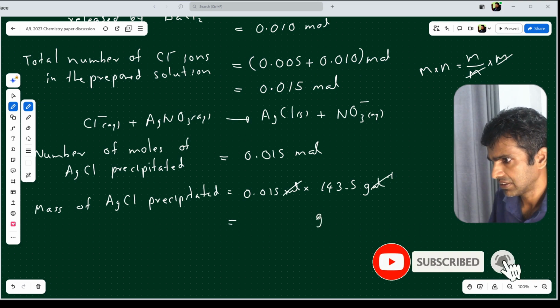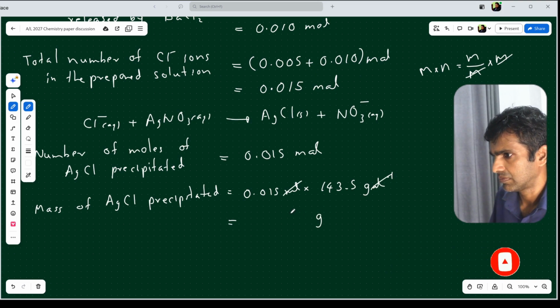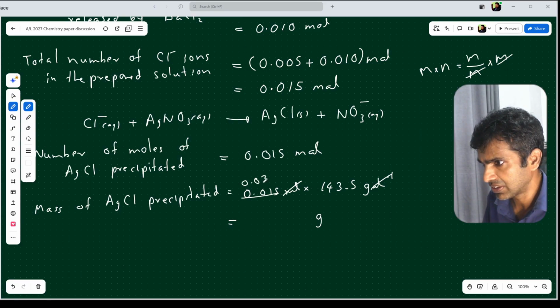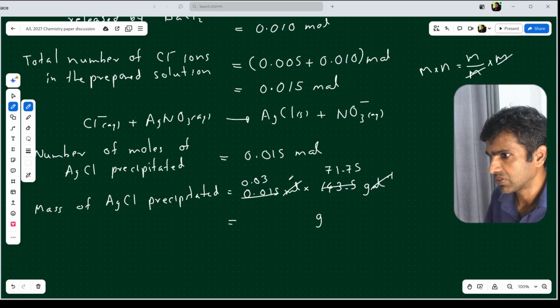So the answer is in grams. We can multiply 0.015 by 2, then it is 0.03. We can divide 143.5 by 2, then it is 71.75. So 0.03 times 71.75.